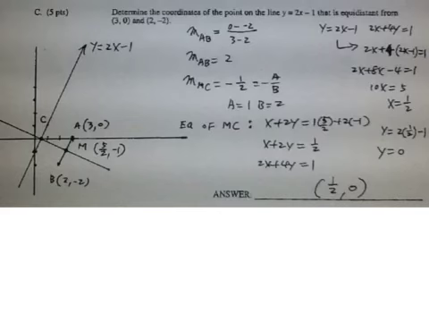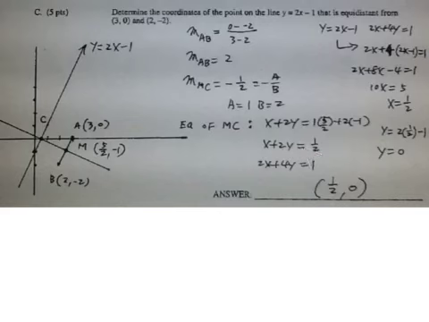And then to find the constant part, I can plug in any point on the line. In this case I only know one point, the (5 halves, negative 1). I plug that in for x and y. So in place of x I'm going to put in 5 over 2, in place of y I'm going to put in a negative 1. So I get x plus 2y equals 1 half.